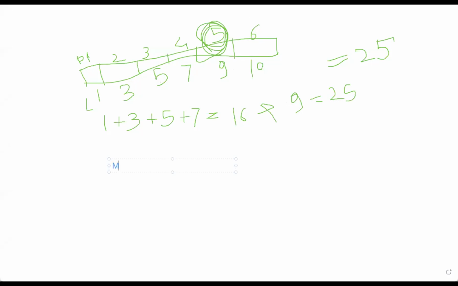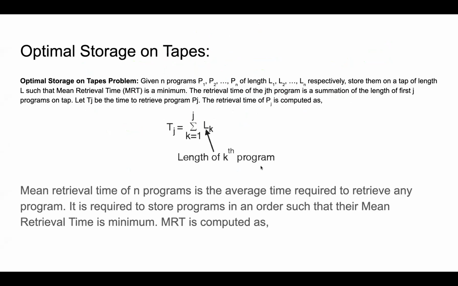So MRT is equal to 25 divided by 6. Our aim for this type of problem is to minimize this MRT, that is, the mean retrieval time. Getting?